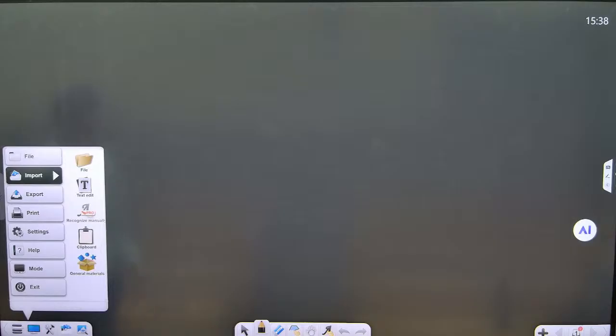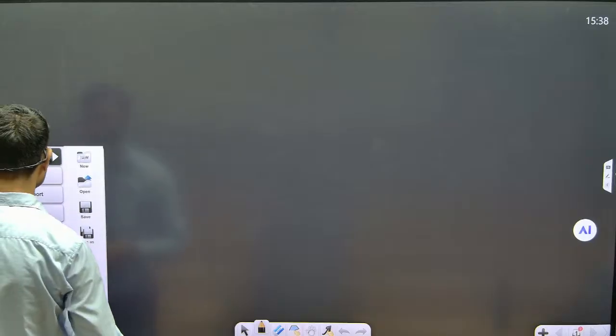Entire thing is gone. Then I have to download it again. I have to make the diagram again.